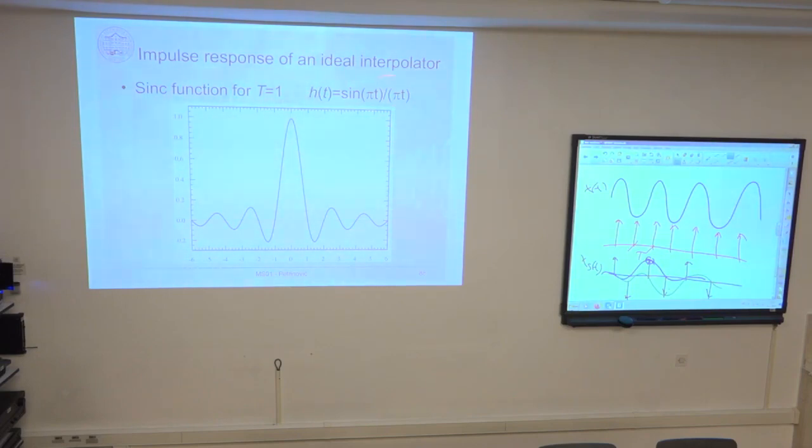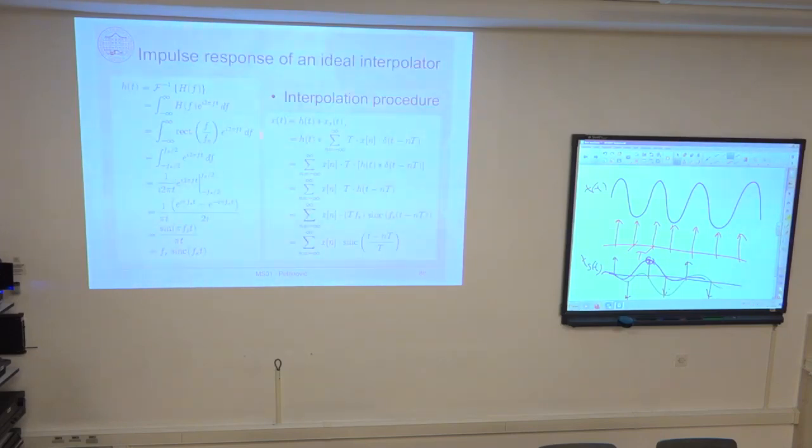But at each neighboring sample, so when this t is equal to 1 or to minus 1, it is sine of pi or sine of minus pi. It is 0. Or 2 pi, again 0. So I have zeros at all neighboring samples except for the one whose contribution I am computing. And what I have to do is add up as many such functions as I have samples.